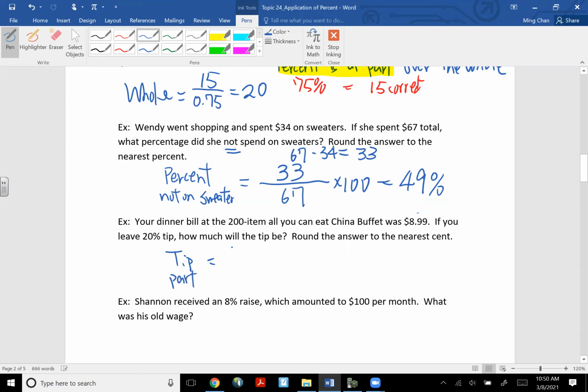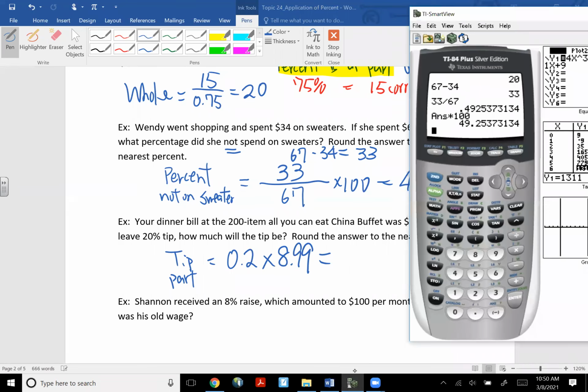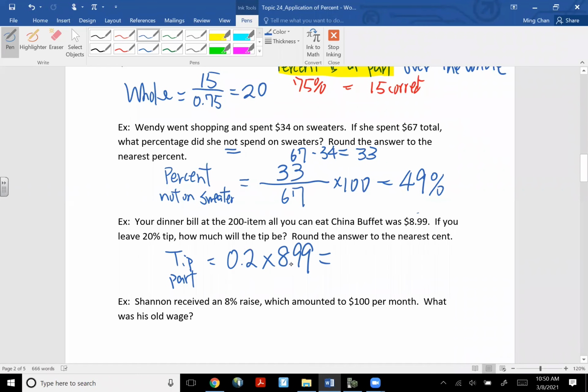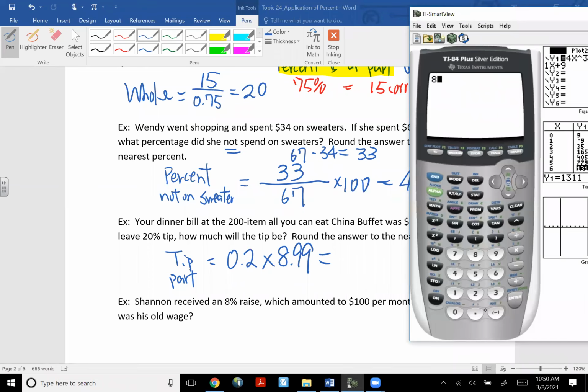So part is equal to percent, 20%, 0.2 times the whole, $8.99. So this is not like what I experienced, okay? One person, $1, two persons, $2, three persons, $2 at China buffet. So come on, when you go out to eat, you've got to leave at least 15 to 20% tip.